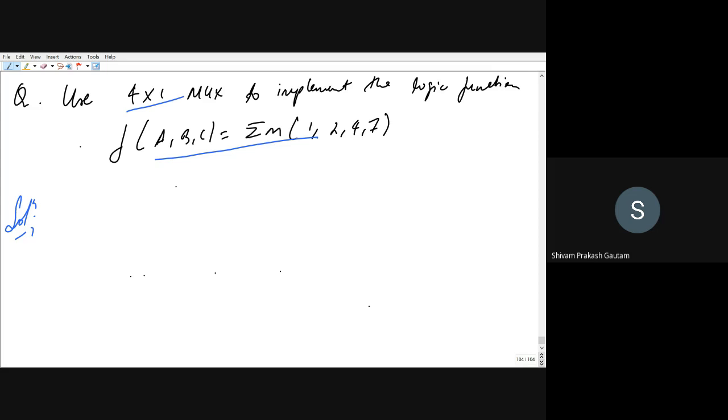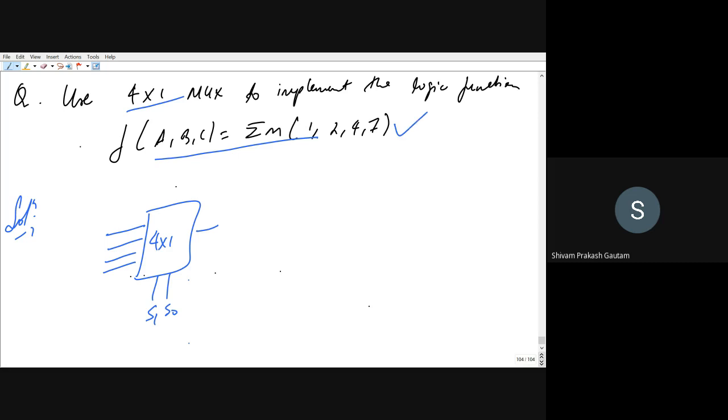In a 4x1 multiplexer, how many select lines will we have? Usually in a 4x1 multiplexer, we have 2 select lines, 4 inputs and 1 output. But the function that we want to implement has 3 variables.